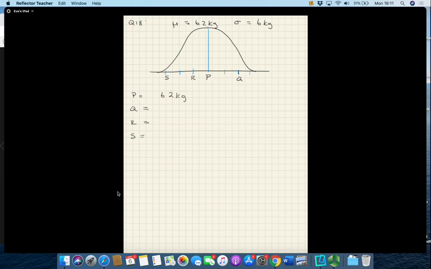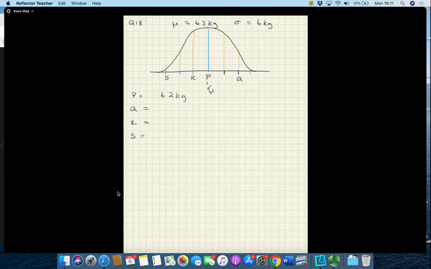Okay, Q then is 2 standard deviations up. I'm just going to draw in my standard deviations here now. Okay, so let's fill in the values. So we're saying P is 62. If my standard deviation is 6, it's like a step size.